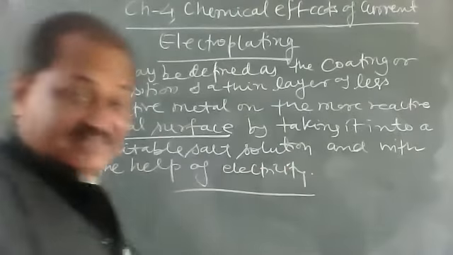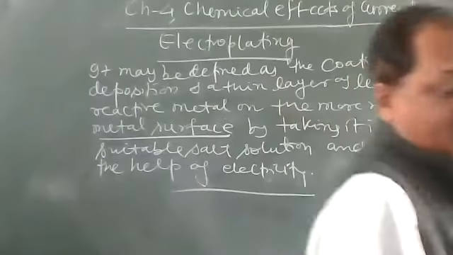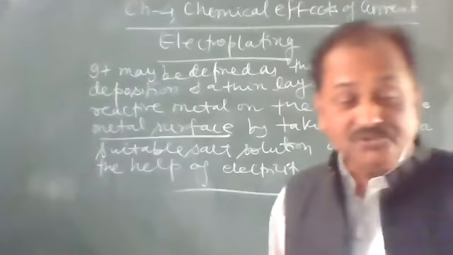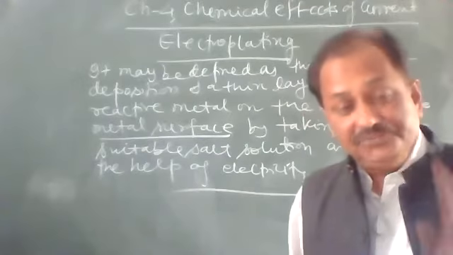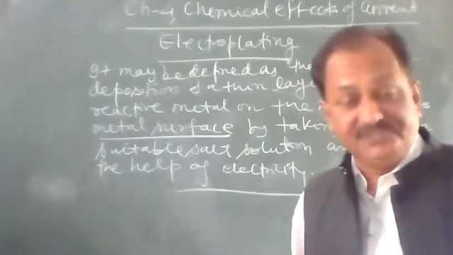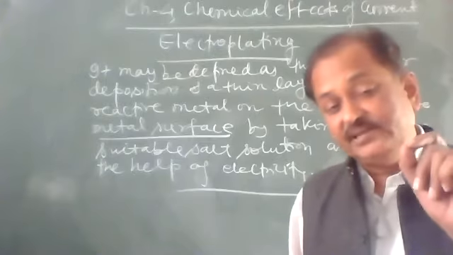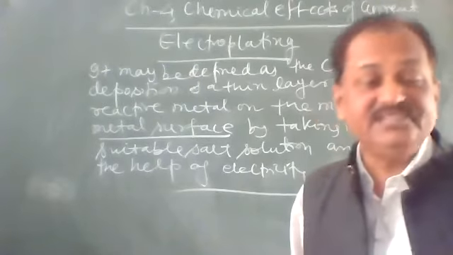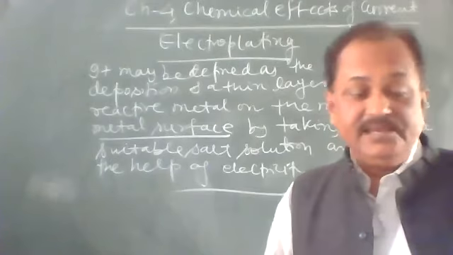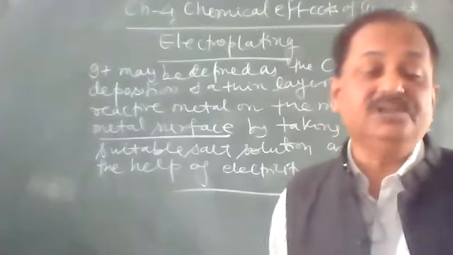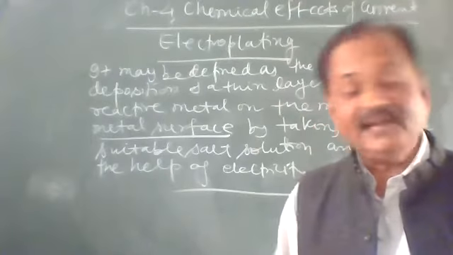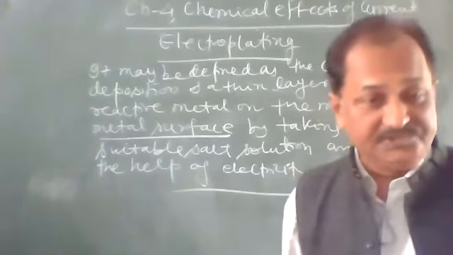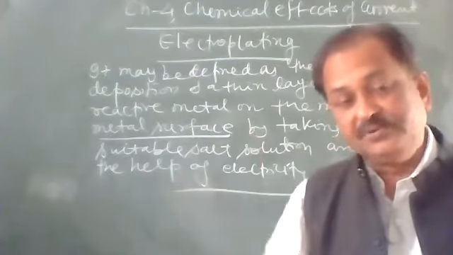So this takes place by taking the solution of that metal which has to be deposited. This is a very important point. In electroplating, the metal which has to be deposited, its solution in water is taken, and the object on which it has to be deposited is dipped into it.